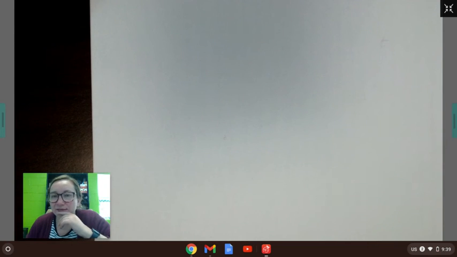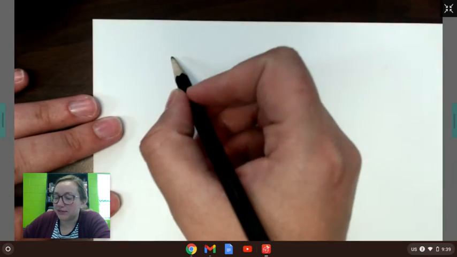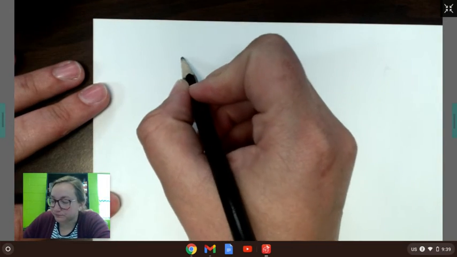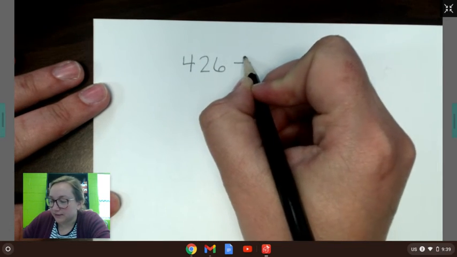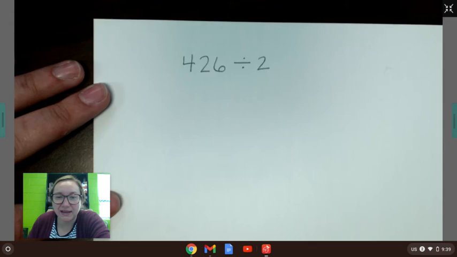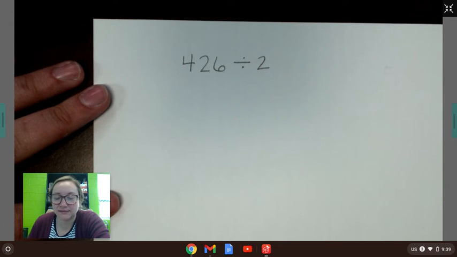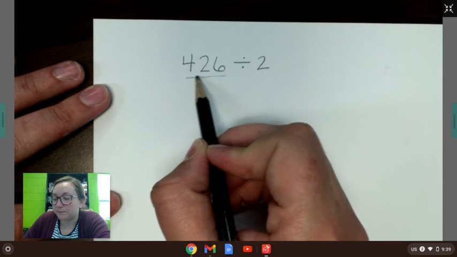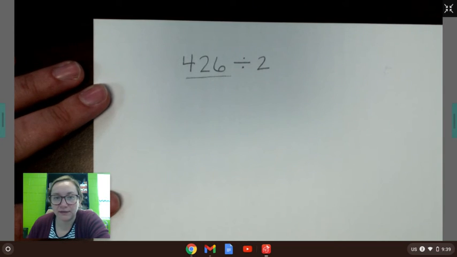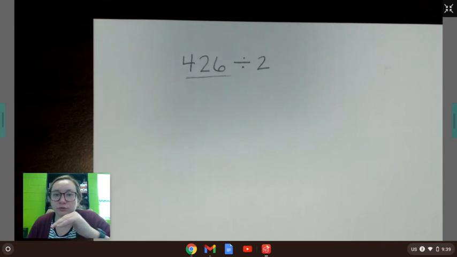So when we divide, there's some math vocabulary that you need to know. The first thing that you need to know is that bigger number. So say we have 426 divided by 2. We'll make this one kind of simple and easy. This number right here is called your dividend. Okay, it's your big number. That's the number that you're going to share.